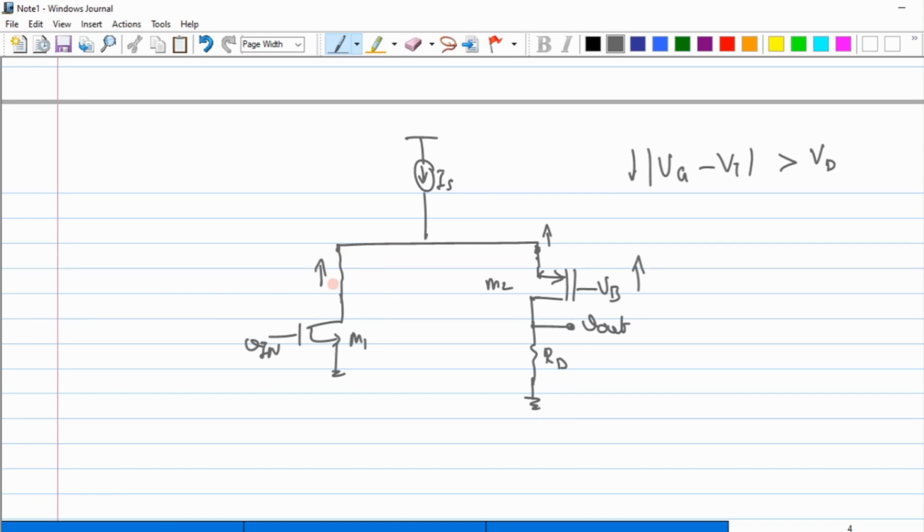Does my circuit M1 stay in the saturation regime when I try to push up? Yes, okay. So in this case, the VB can go higher, but cannot go smaller.